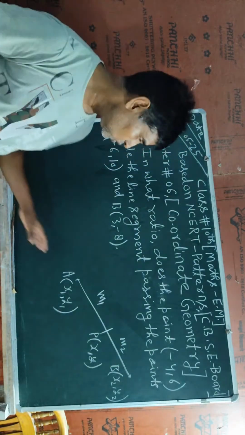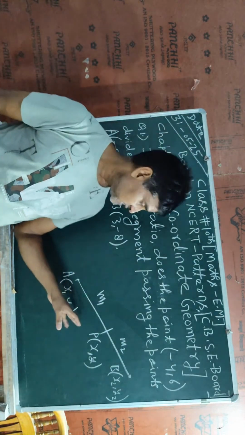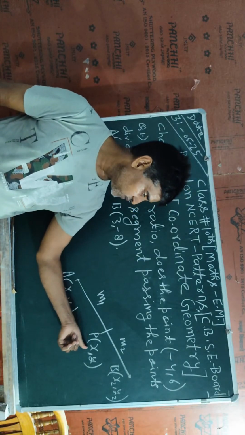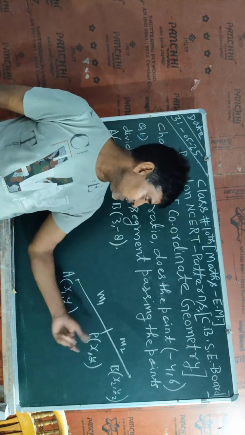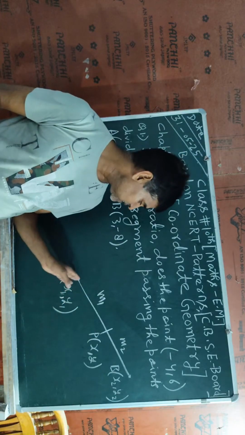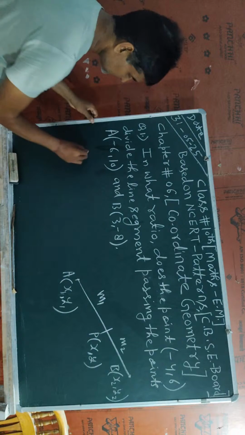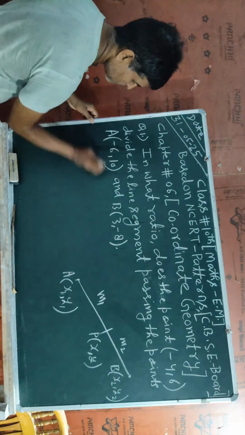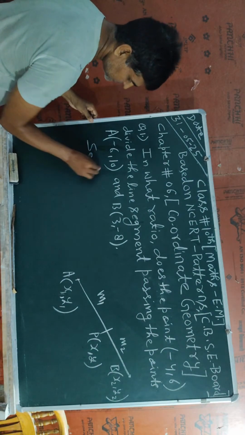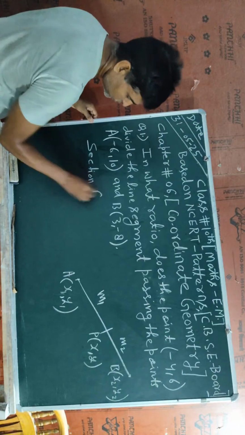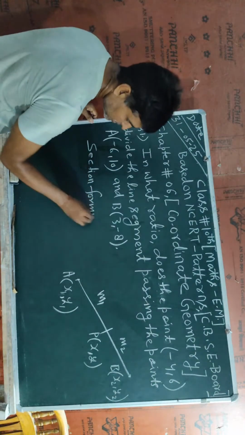Okay, students, here I have to use the section formula for getting the value of x and the value of y, for the point that divides this line segment AB. First of all, I will write the section formula here.